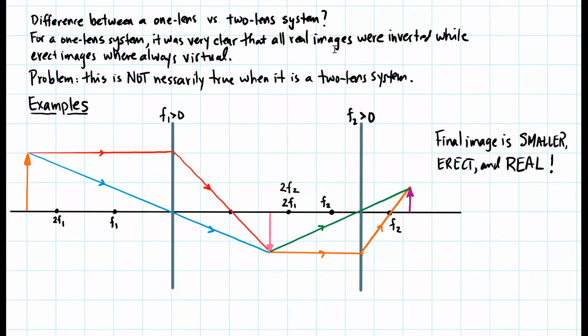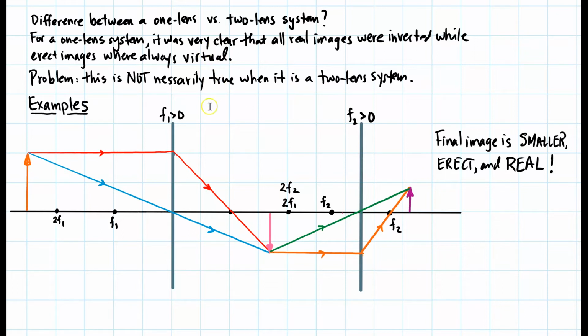While if I have an erect image, it's always going to be virtual, and that could be produced by either a converging or diverging lens. But when you get to a 2 lens system, this erect versus inverted is more complicated now, because I could have images that are erect that are real.